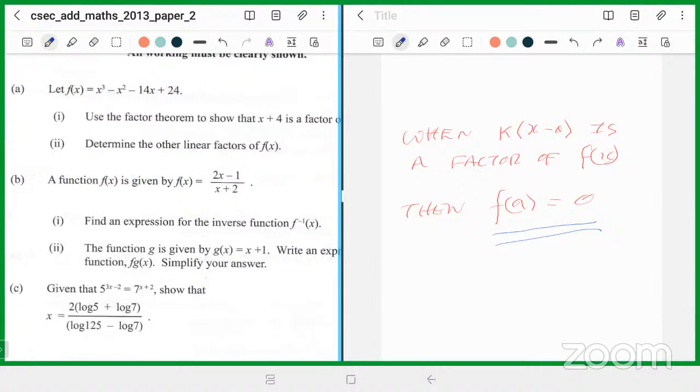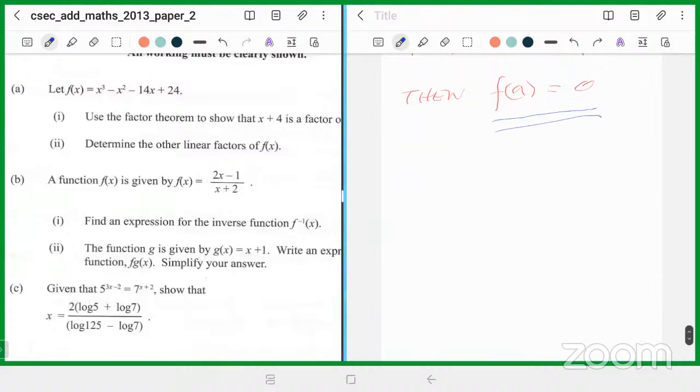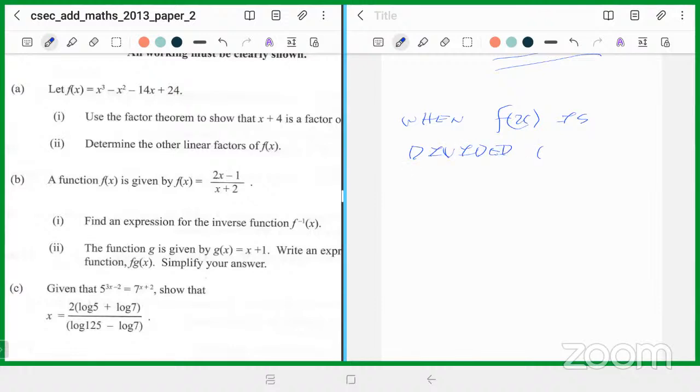Remember, the remainder theorem is that when the polynomial f of x is divided by a linear divisor in the form k times x minus a, it has to be a linear divisor. The factor theorem only works with linear divisors. It doesn't work with quadratic divisors or any other kind of divisors.